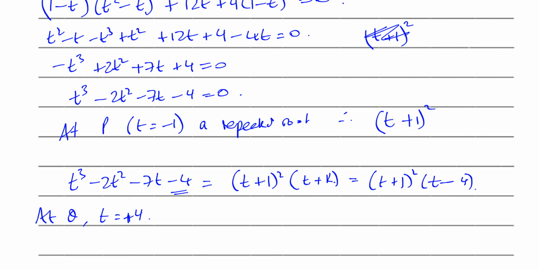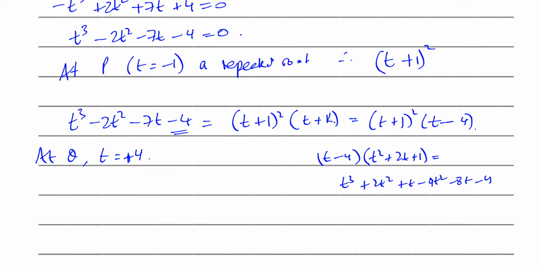If I expand this, I'll have t minus 4 times t squared plus 2t plus 1. This is going to give me t cubed plus 2t squared plus t. Then you're going to have a minus 4t squared, minus 8t, and minus 4.